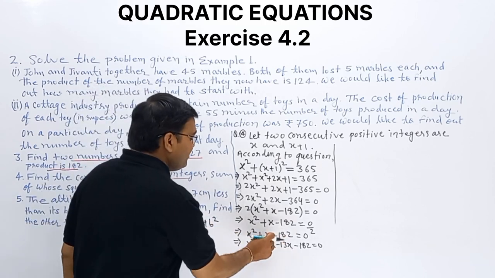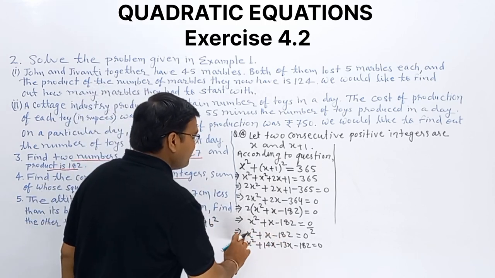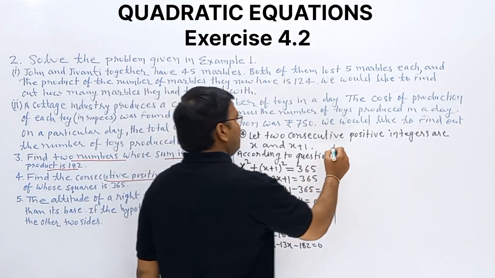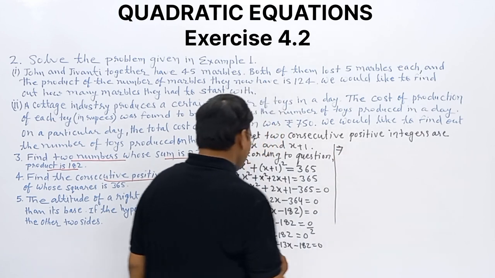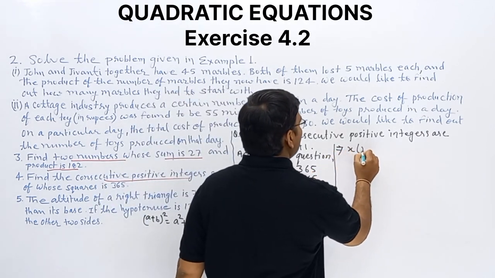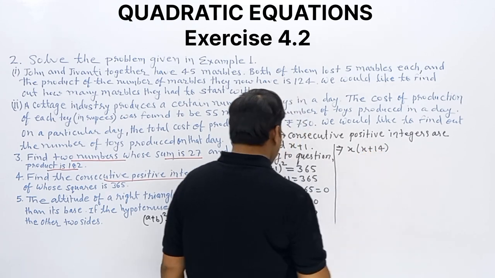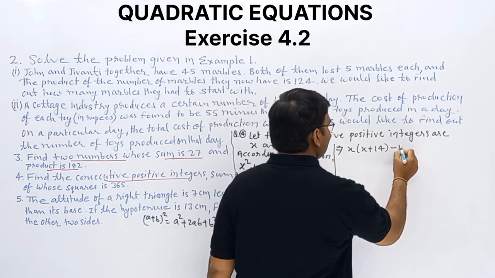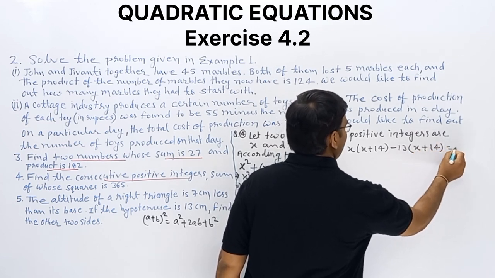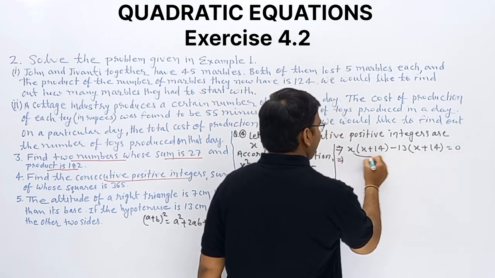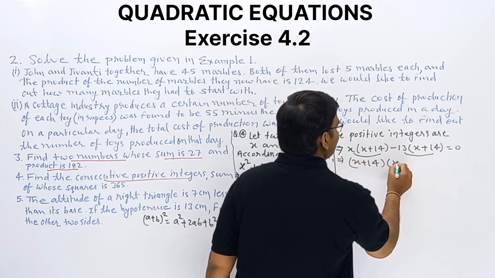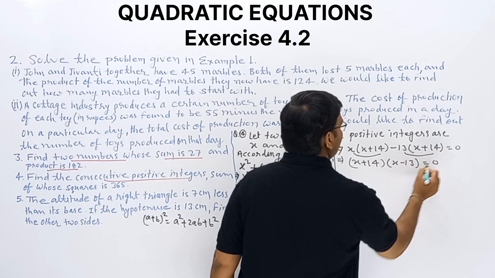So the sum will be this one and the product of both will be the first and last product with sign. Now take common in both. What is the common? x is the common. x into (x plus 14), and in both what is the common? Minus 13 is common. So x plus 14 will be remaining, equal to 0. Take the bracket outside. (x plus 14) into (x minus 13) will be 0.